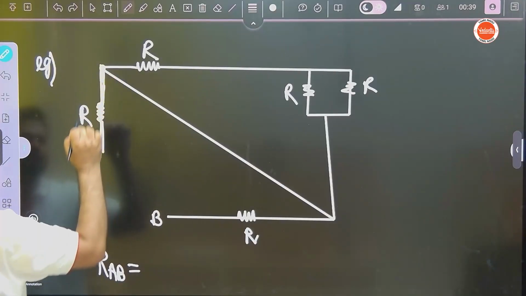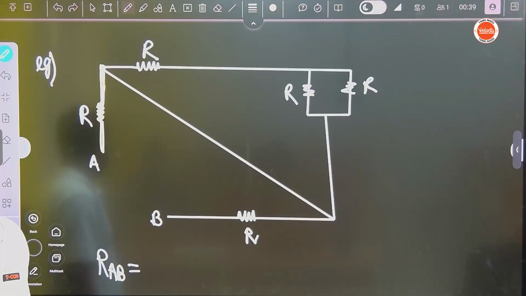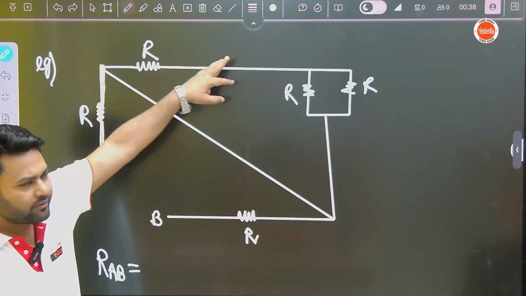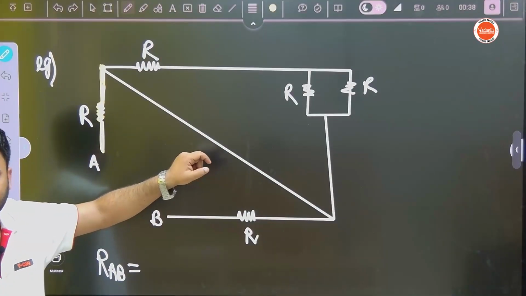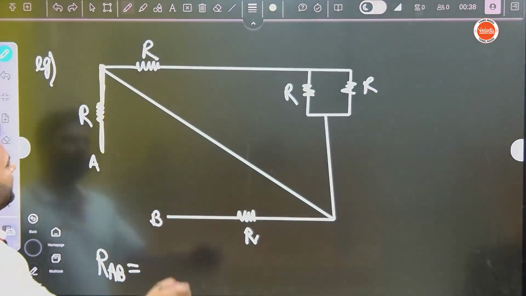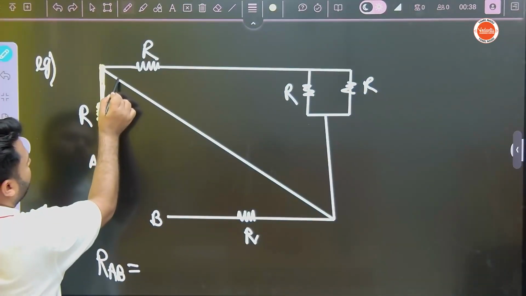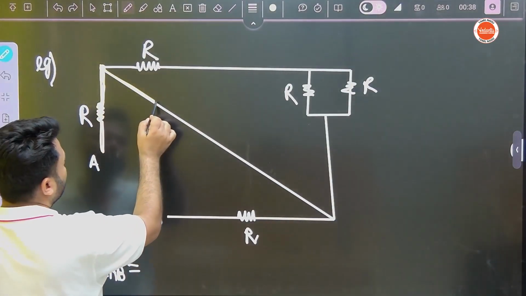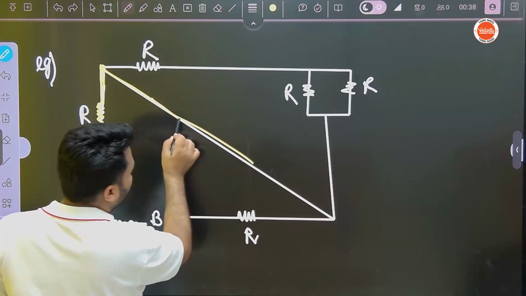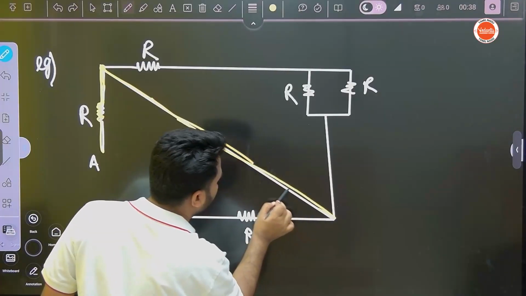Here it reached. But you will see two paths. One path there, one path there. In this path, there is no resistance. So all the current will flow in this path. No current will go that path.